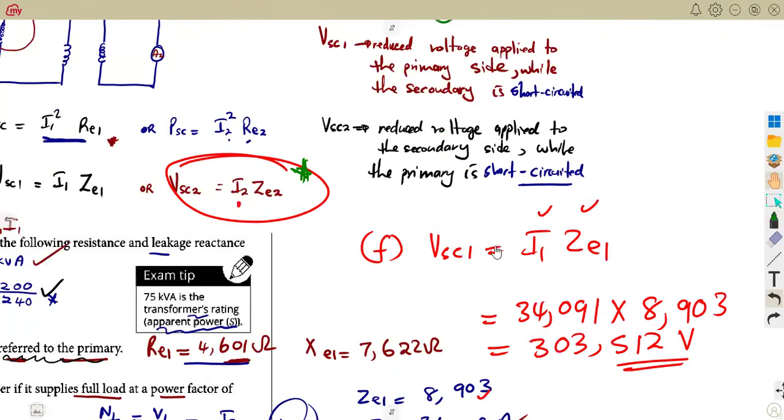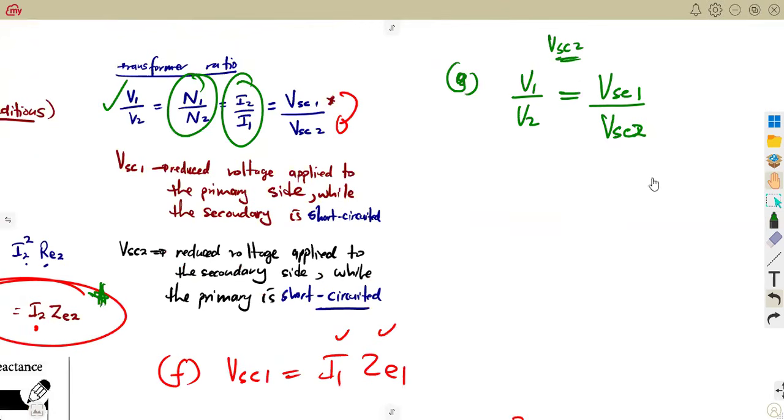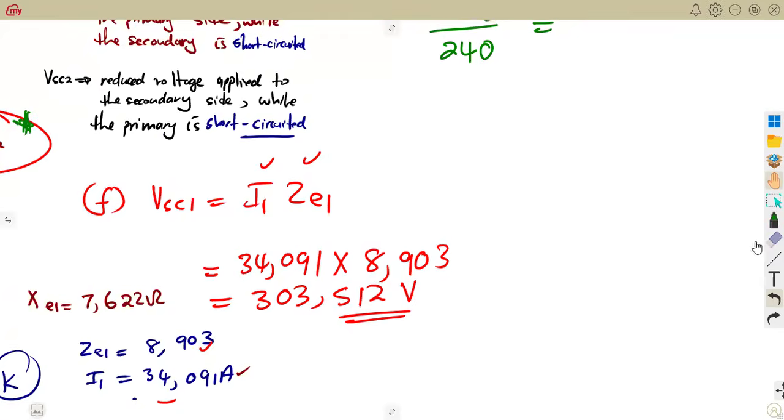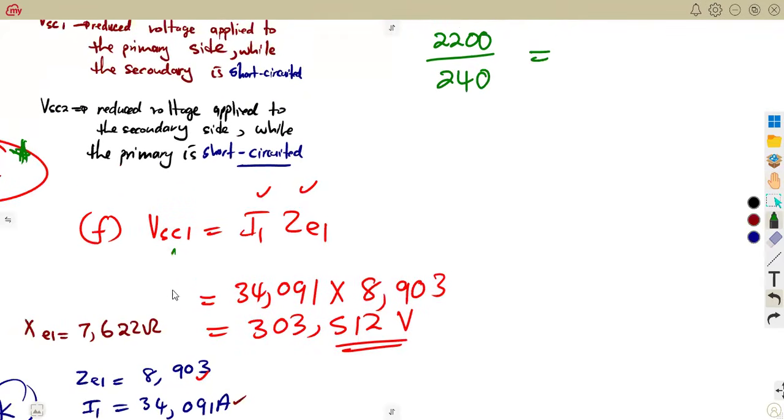2,200 over 240. So you're just going to substitute here, 2,200 over 240 is equal to this, because we calculated it. We have its value here. That is the one that we calculated, so that is now its use. We can substitute that.